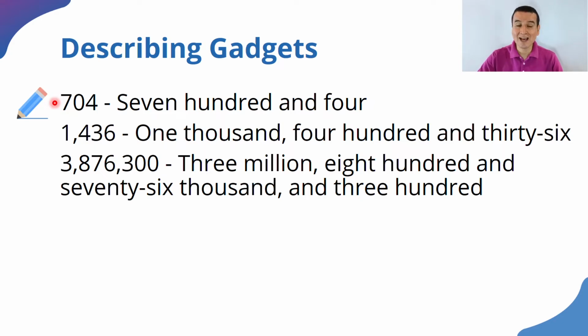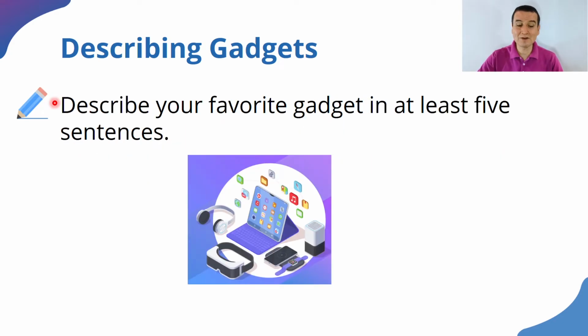All right. I have one extra practice activity for you, and here we're going to use language, of course. These are the instructions. Describe your favorite gadget in at least 5 sentences.